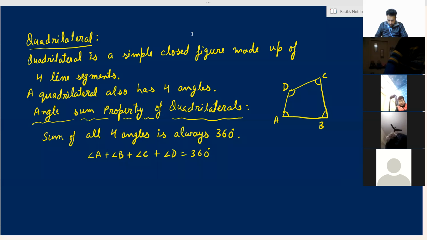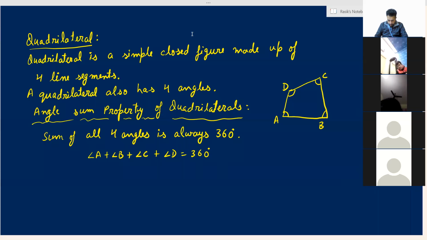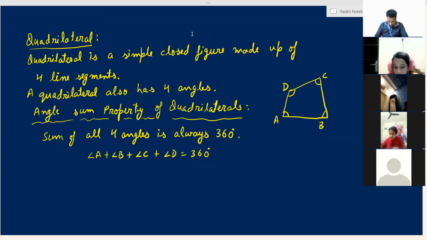Vivek has posted from 5th B. Only Vivek from 5th B and 5th A. Who has posted in 5th A? Sir, actually, I don't have the phone, so I can't send. Advika has posted.